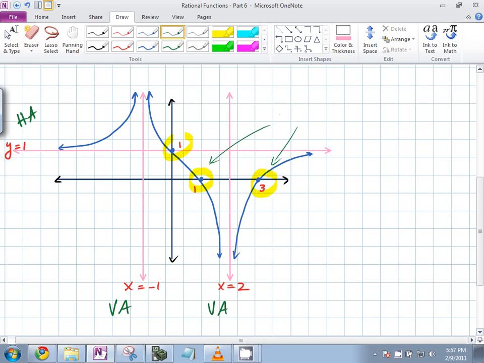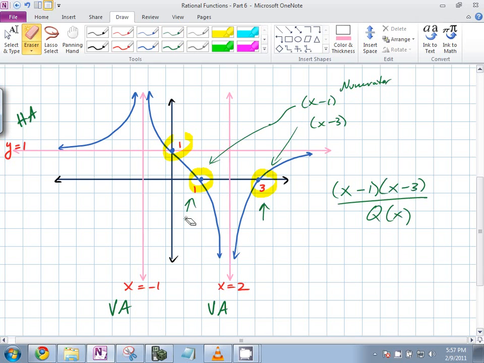This tells us that x minus 1 must be a factor of the numerator, and x minus 3 must also be a factor of the numerator. So at this point we know the numerator has to have this in it, because when you plug in 1 and 3, the function must come out to be 0.